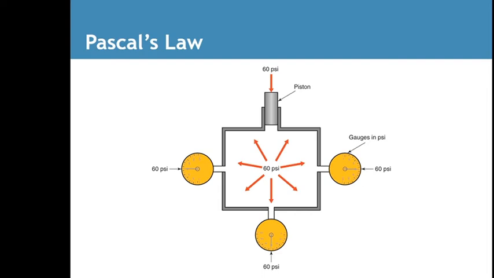It shows that there's 60 pounds of pressure pushing down on that piston, which fills the box and the gauges with 60 psi. If you put 80 psi in and push that piston further in, then those gauges will all move equally, so that everything inside that box, or everything touching that box, is going to be the same psi. It's equal everywhere.